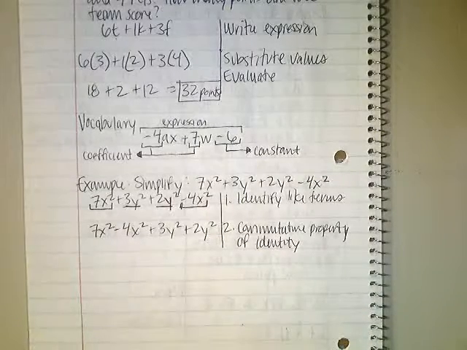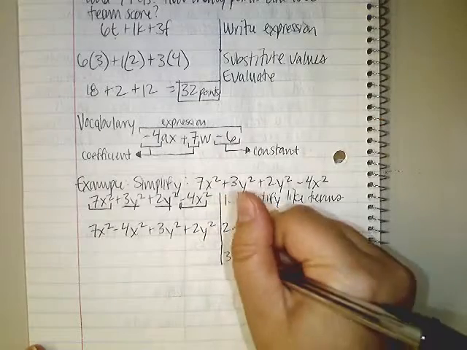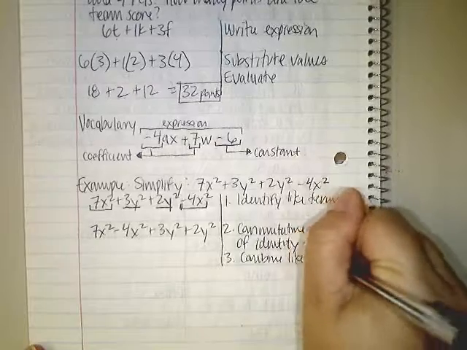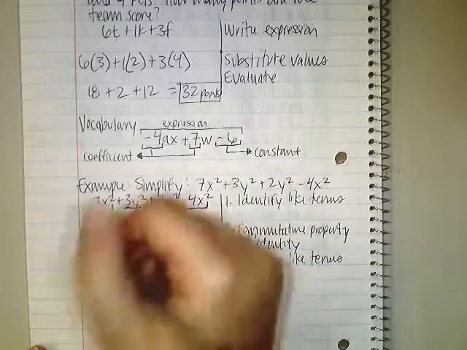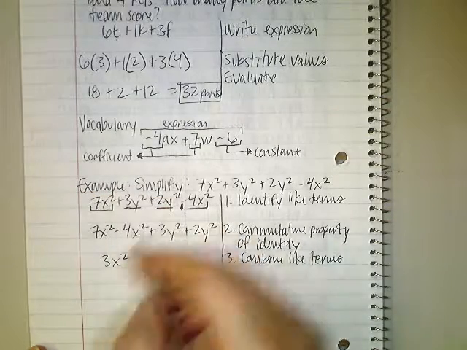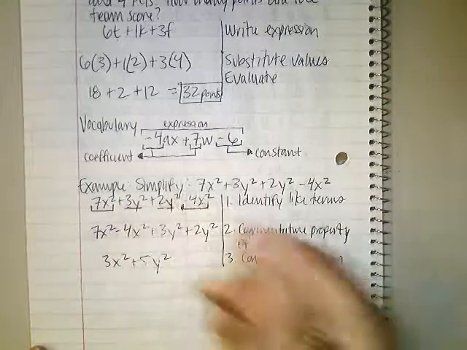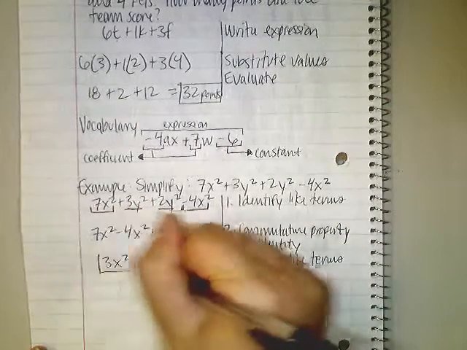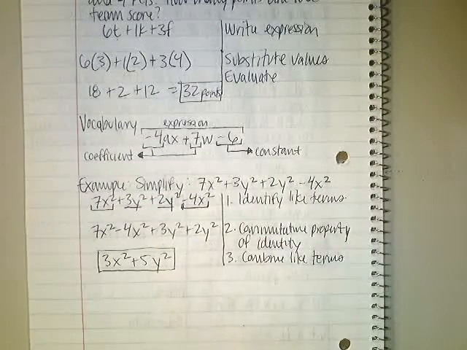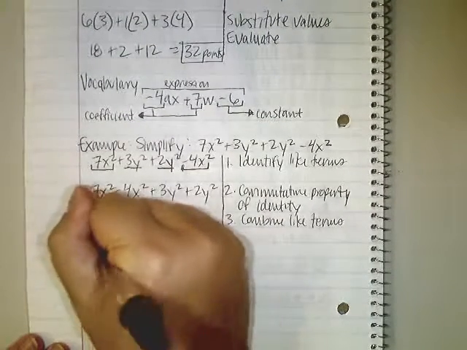So I moved that there so I can put them next to each other, and then I'm going to actually combine like terms. So 7 minus 4 is going to leave me with 3x squared, and then 3y squared and 2y squared gives me 5y squared, and that is my simplified expression. So after I combine like terms, I just add or subtract their coefficients, and that will give me the simplified term.